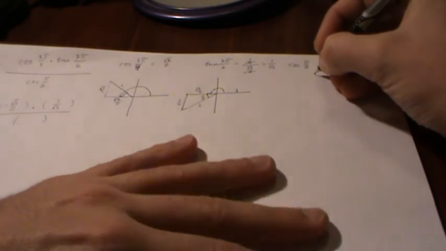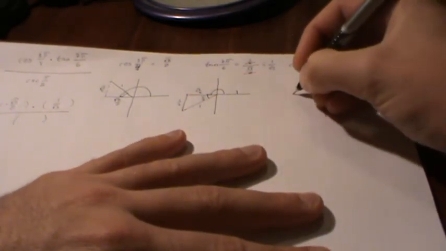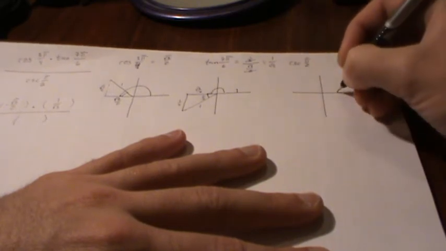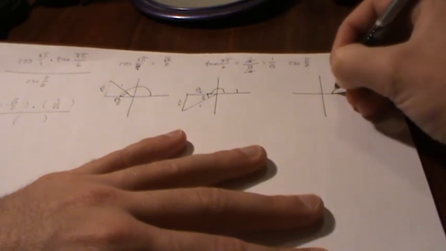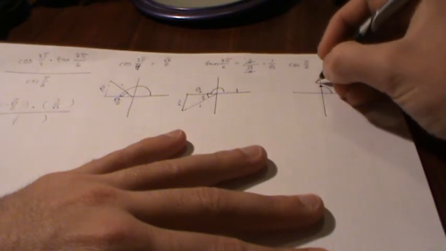Okay, now the last one. Cosecant of 1/2 pi, or pi over 2. If you go here and you end up at pi over 2, whoa, this is a little strange.